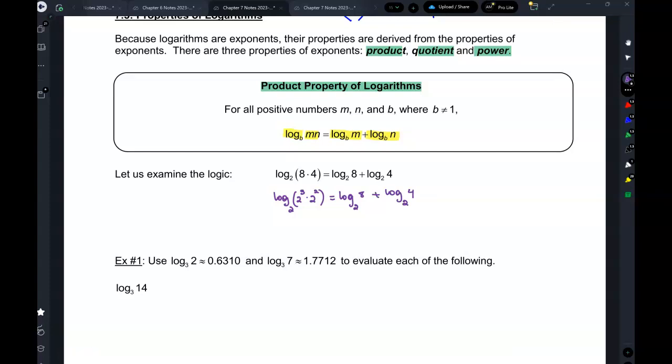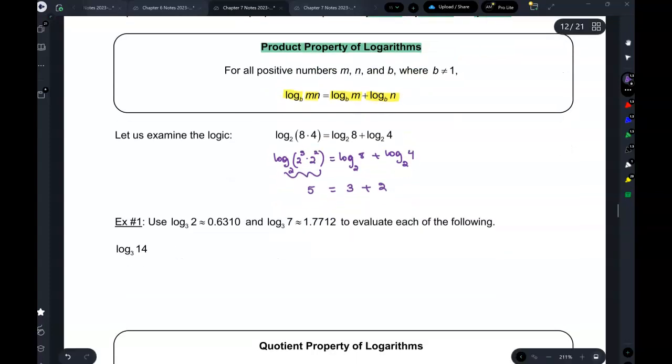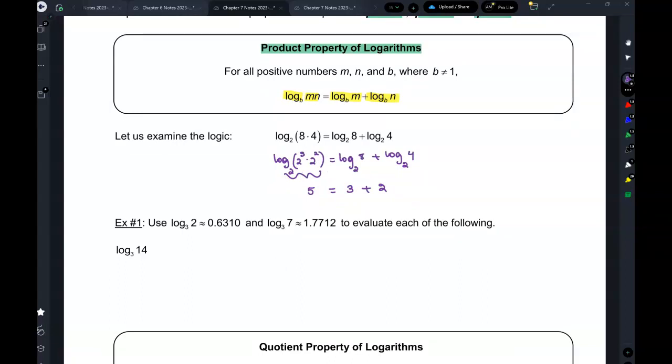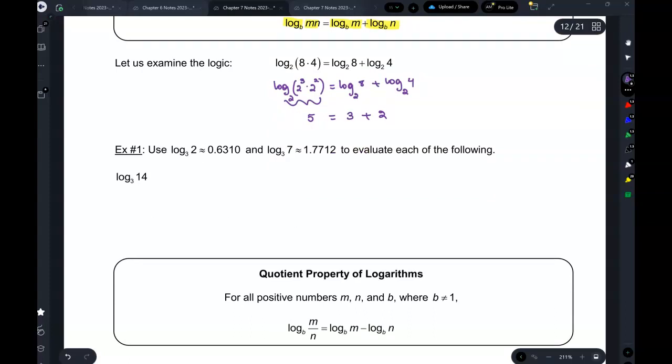The total exponent here is a 5, whereas here you have an exponent of 3 plus an exponent of 2, and that's how they are equal to each other. So when you have log base 2 of m times n, we add the logarithms of the individual elements.